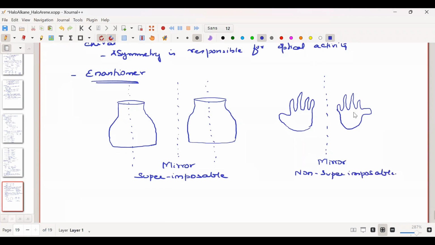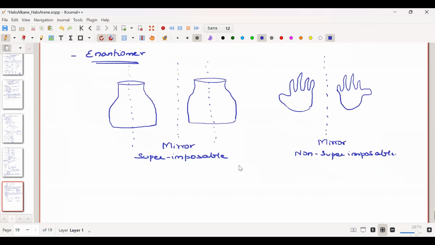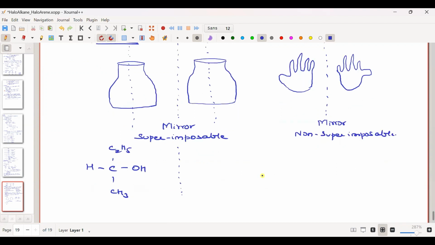Okay. Now, let's say I have this carbon, I have C2H5, I have CH3, I have OH, I have H. So this is the mirror image. Non-superimposable.